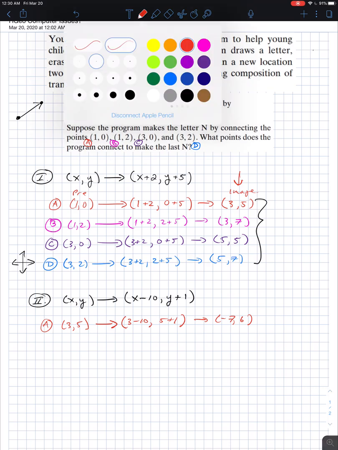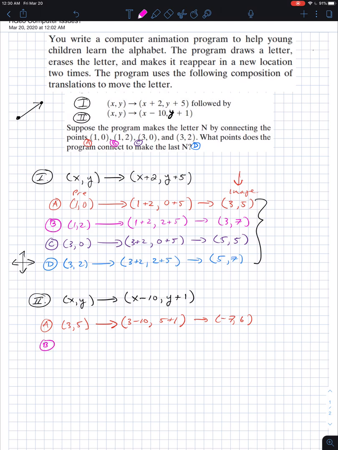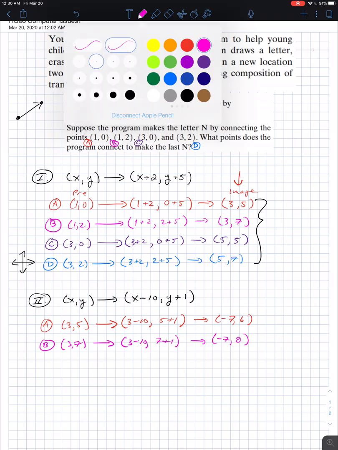The next one was B, and that was 3 comma 7. So that's 3 minus 10, and 7 plus 1, and that'll give us negative 7 and 8. It's really not too bad, right?